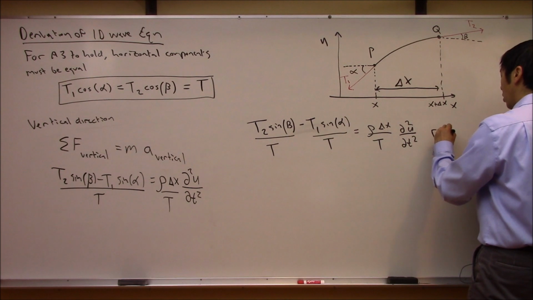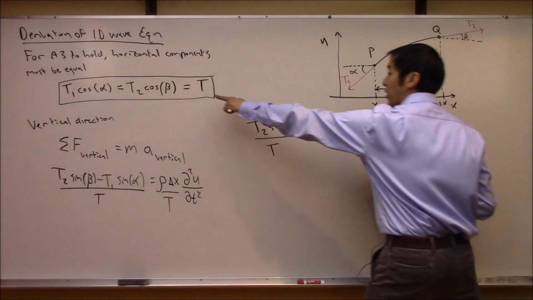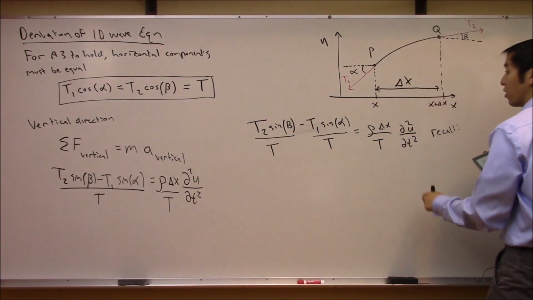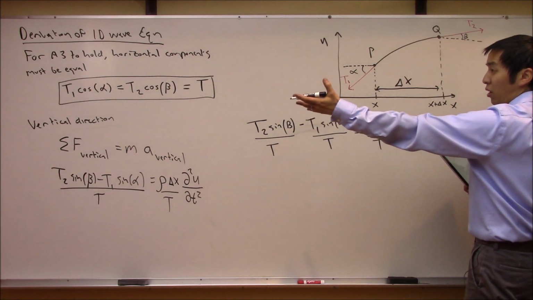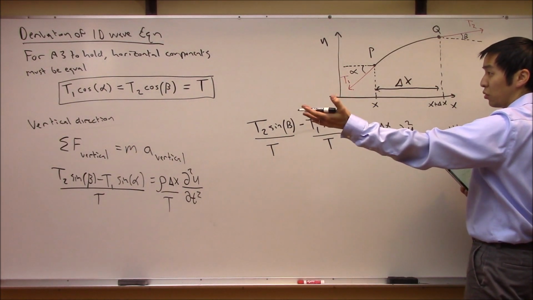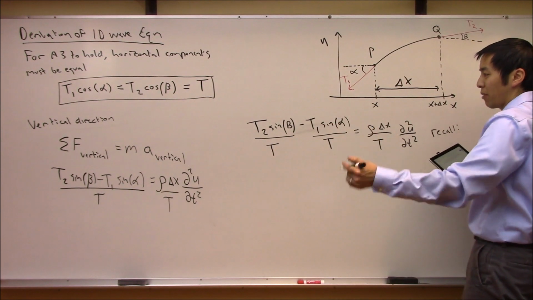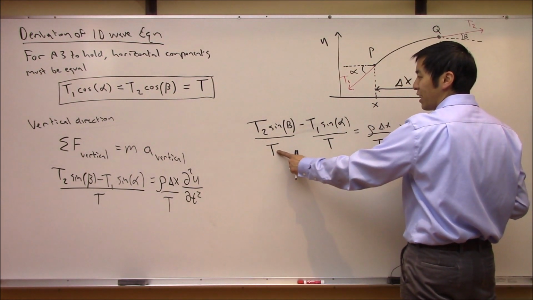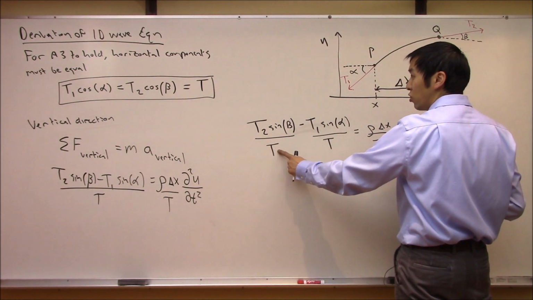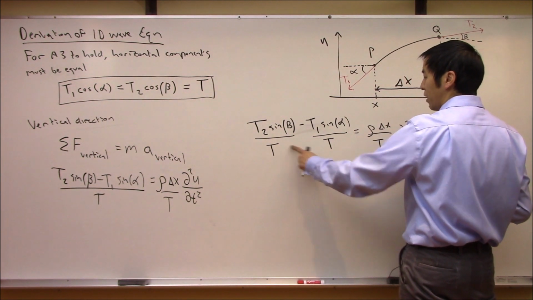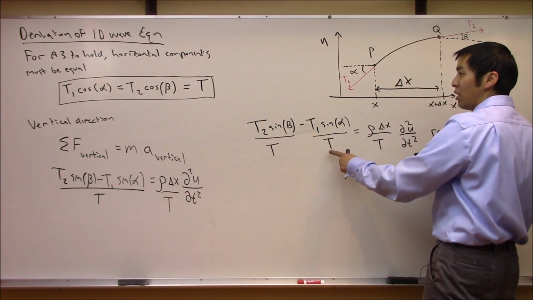Now let's make a note. If you recall, the thing that we boxed up earlier was T1 cosine alpha and T2 cosine beta, and T, that's all the same thing. So for this T, let's write T2 cosine beta, and for this T, T1 cosine alpha.